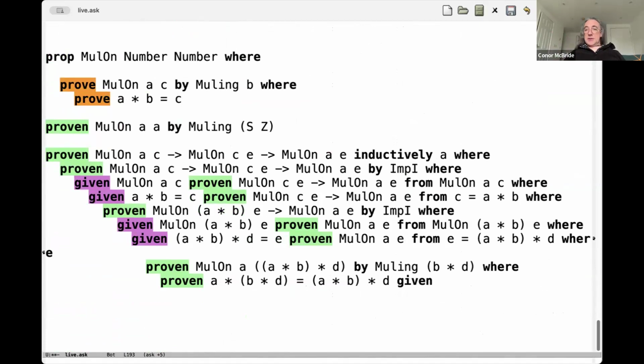What do I want to do now? I want to just point out a few little things about Mull-on as a preorder. We say that it has a bottom element and a top element. So is there a place where you can get from to anywhere?